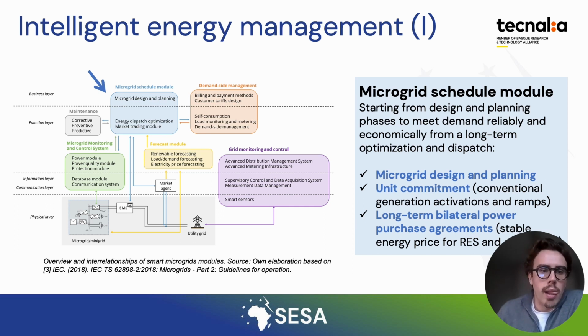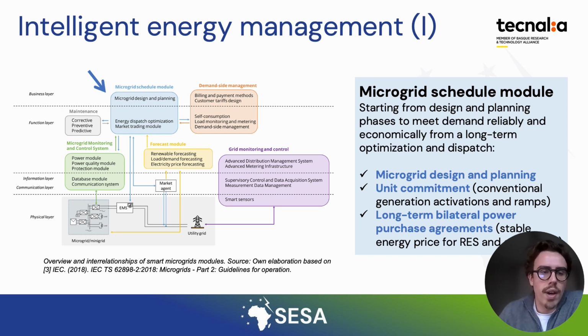So there are three main tasks of this schedule module. One of these is the microgrid planning, which aims to minimize the investment and operation related costs, optimally sizing and locating the energy resources.